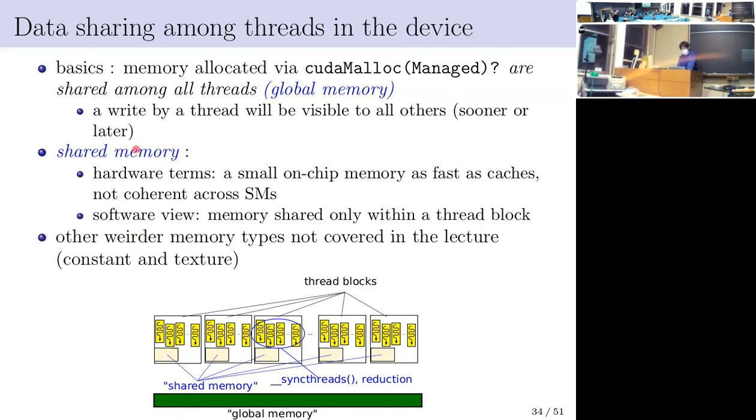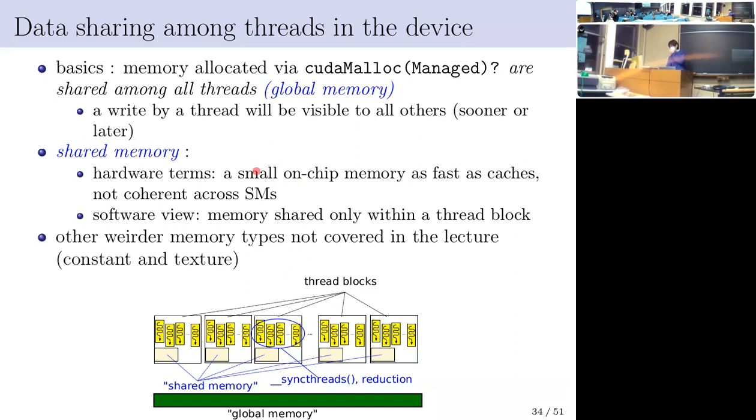And here's another thing I likely mentioned before, something called shared memory. In terms of how the hardware is structured, it is just a small on-chip memory that is attached to each streaming multiprocessor, and it is accessible only within the same streaming multiprocessor.